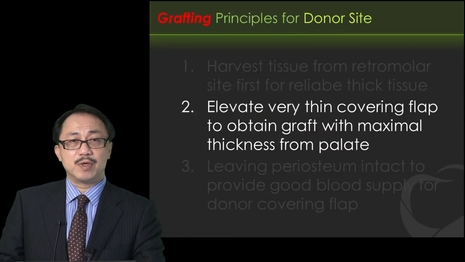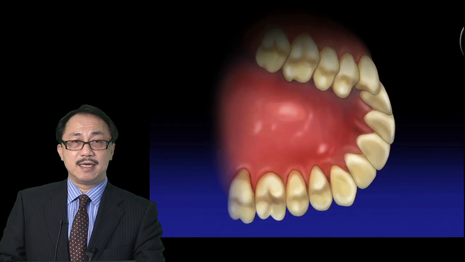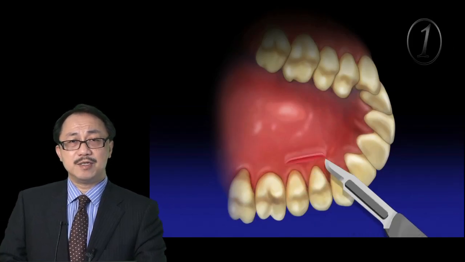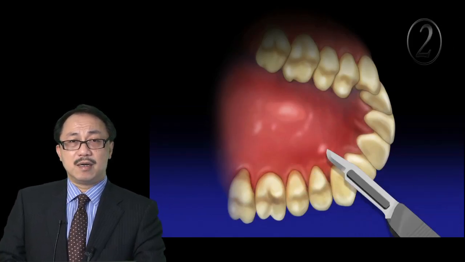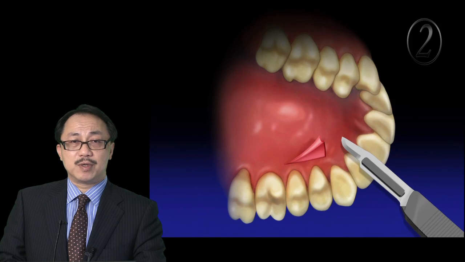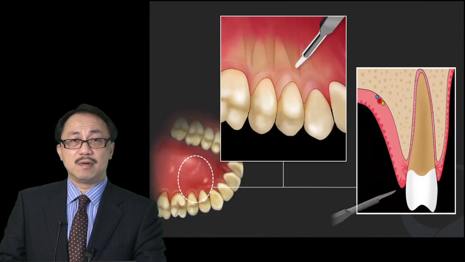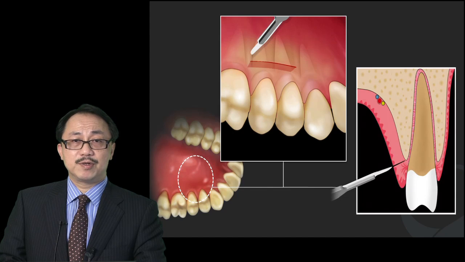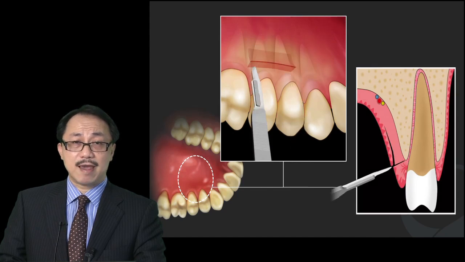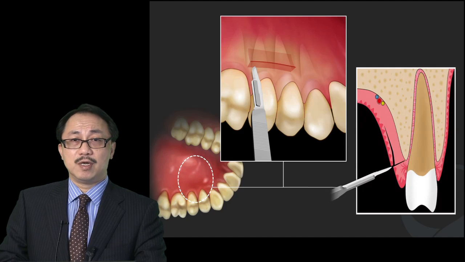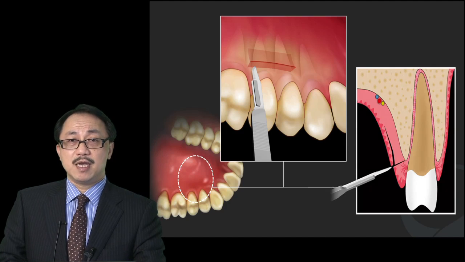Now, second of all, we can elevate a very thin covering flap. What do I mean by that? By making the incision, we can look from the cross-section here. This particular incision has to be done very, very slowly and carefully in order to make it very thin.